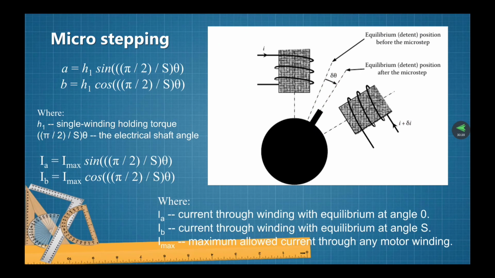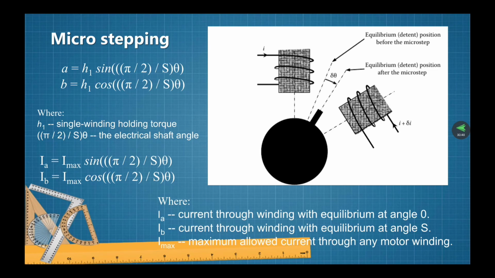And still in microstepping, this formula is quite general, but it offers little in the way of guidance for how to select appropriate values of the current through the two windings of the motor.